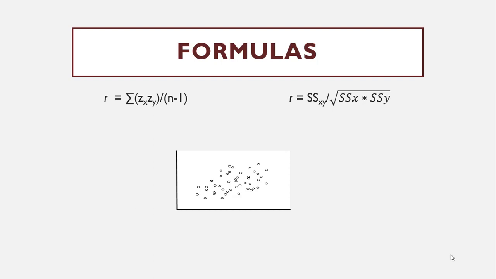But we would convert both the x and the y variables to z-scores before we even started. Now, conceptually, what this does is it makes it easy to see why R is positive and negative under certain conditions. So the mean of Z is always 0 because we make it to be so. Thus, anything above the mean would be positive. Anything below the mean ends up being negative when we're working with z-scores.